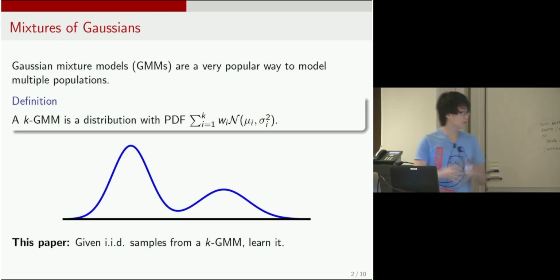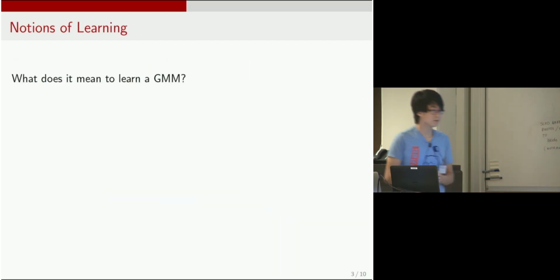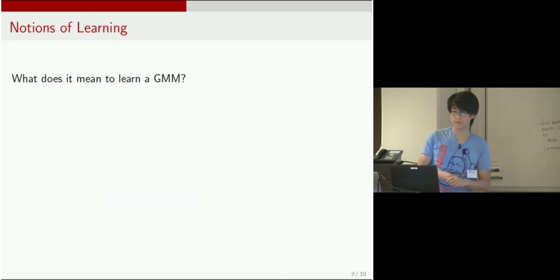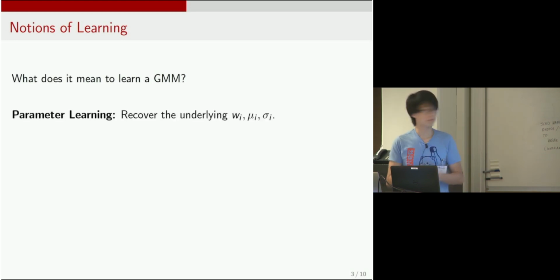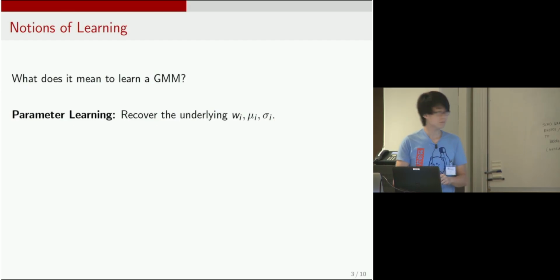Okay? So the high-level goal of this paper is, given samples from this k-GMM, just learn the distribution. Okay, simple enough, sort of. What does it mean to learn a GMM? The most desirable goal, arguably, is parameter learning, which is to recover the underlying mixing weights, means, and variances.